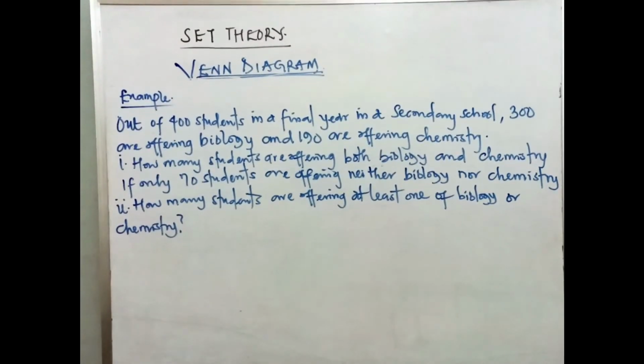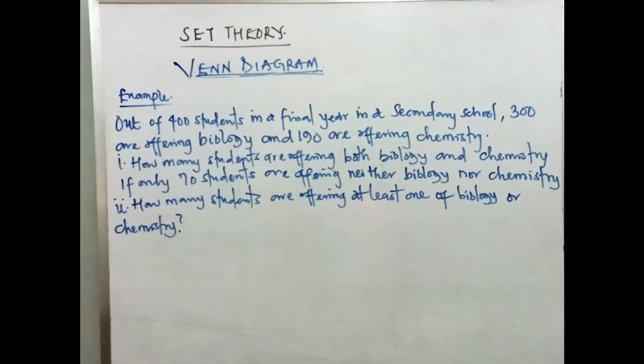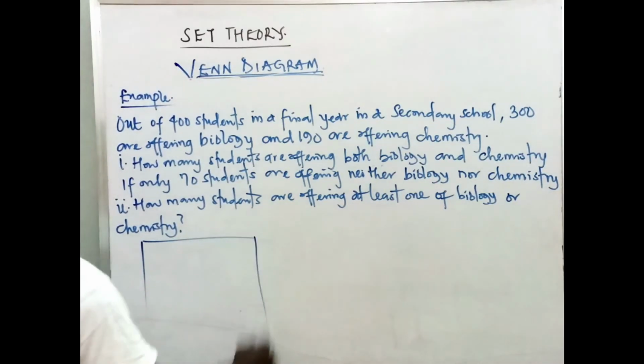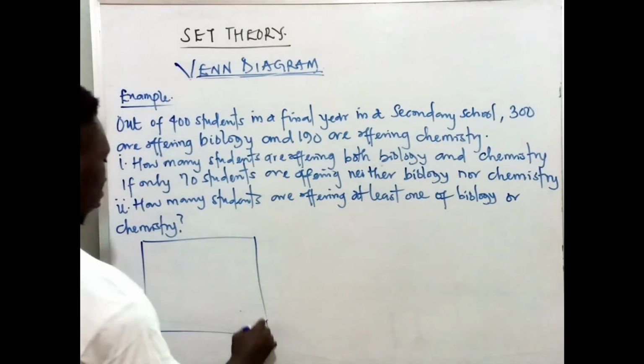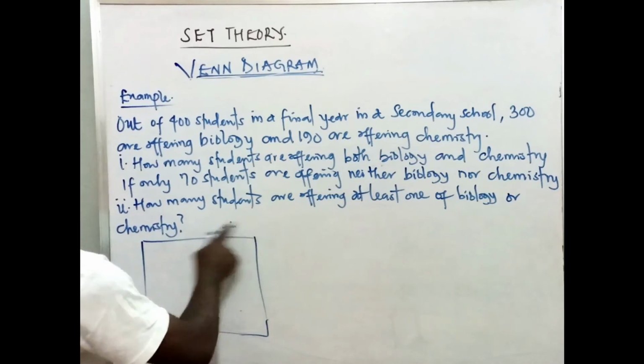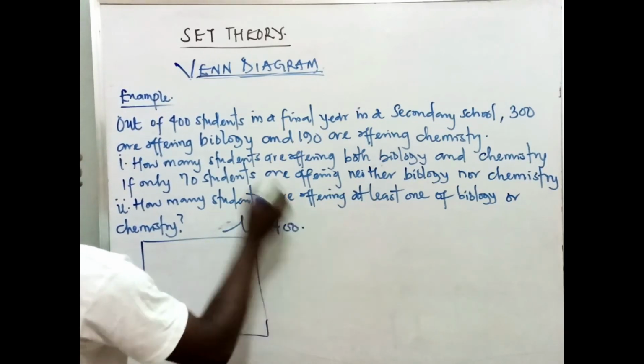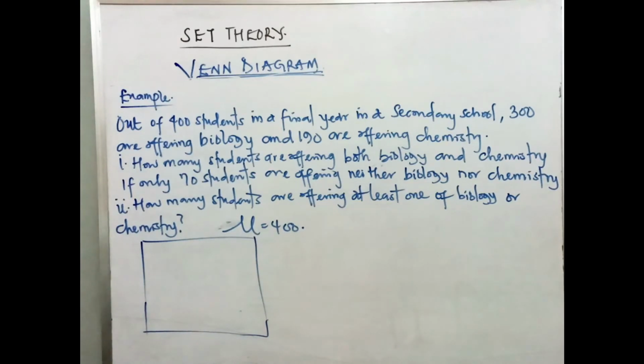Now look at this question, paying close attention to it. The question says, out of 400 students in the final year, so let's represent the question. Your universal set here is equal to 400 students. Out of 400 students in the final year in the secondary school, 300 are offering biology and 190 are offering chemistry.